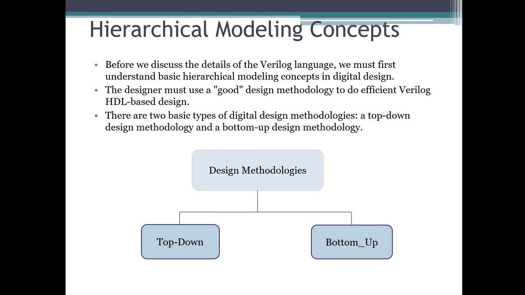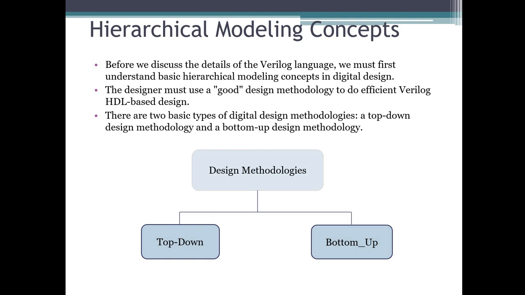But for the time being, just understand what the top to down and bottom to up hierarchical modeling concepts are. I was giving you the example of an adder. A full adder can be made with the help of two half adders. Got it? And a single half adder can be created with the help of different gates.